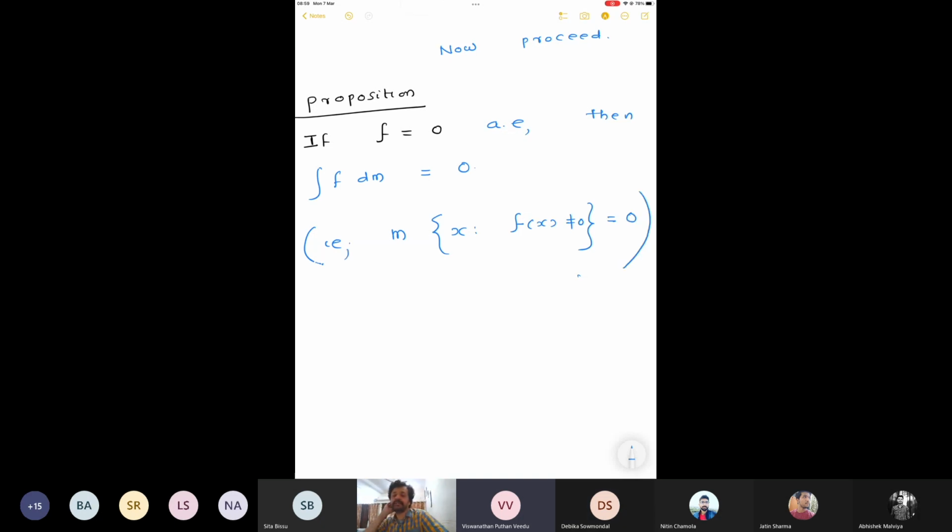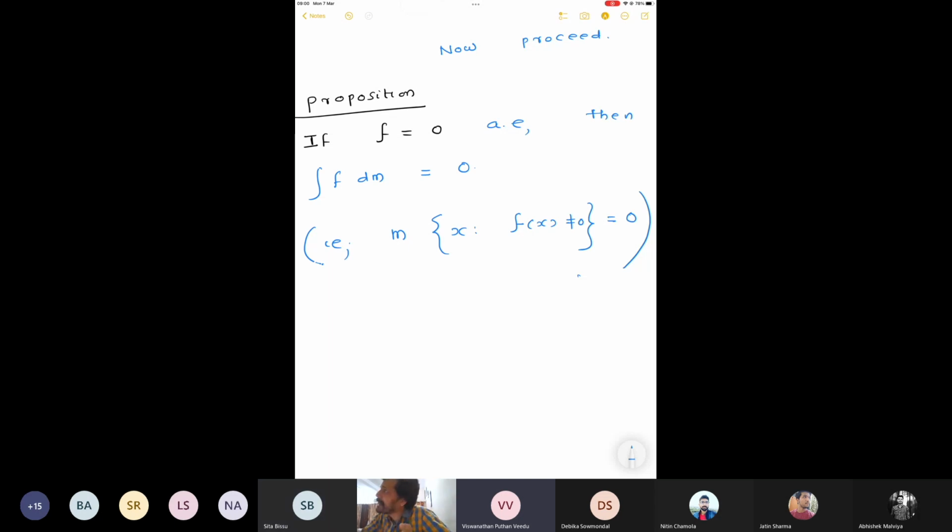And you know, finally, everything boils down to the integral of a simple function. Do you agree? Yes, sir. And the integral of a simple function is the summation of alpha_i times the measure of E_i.